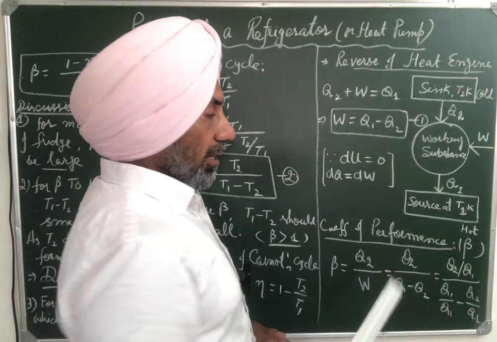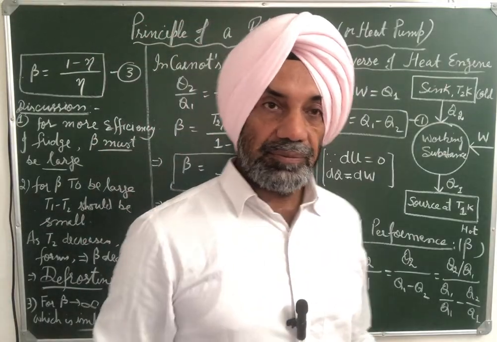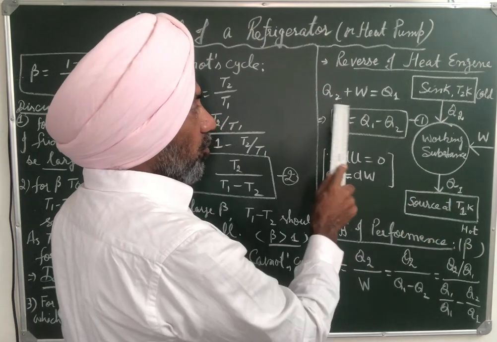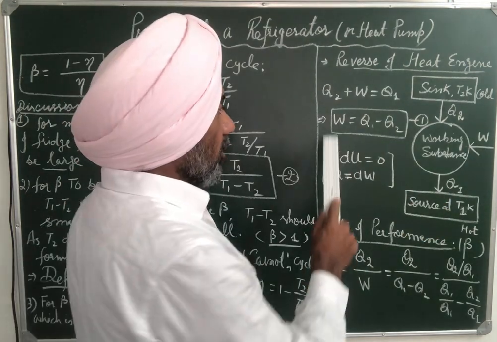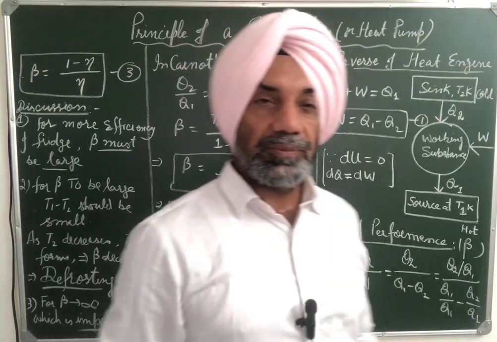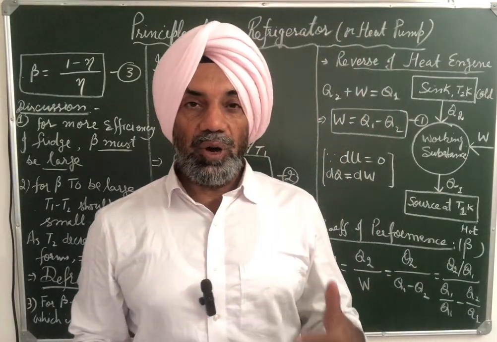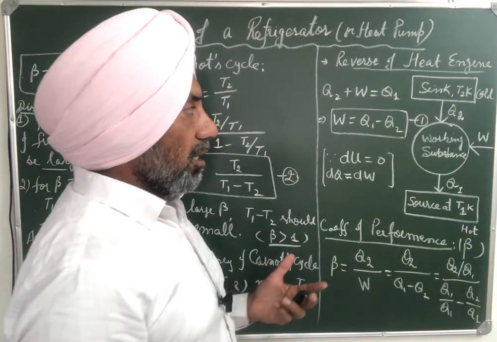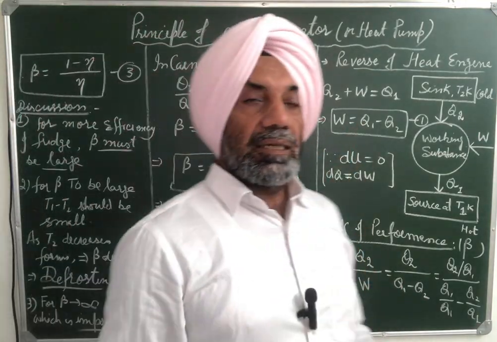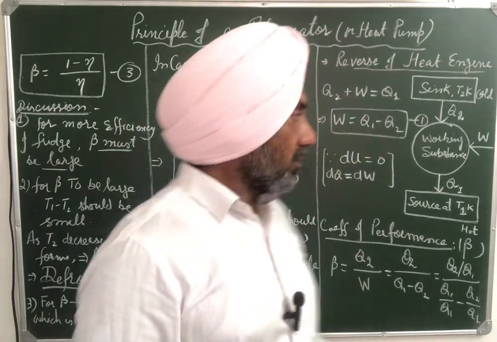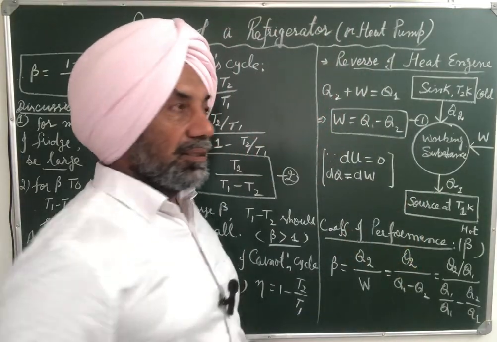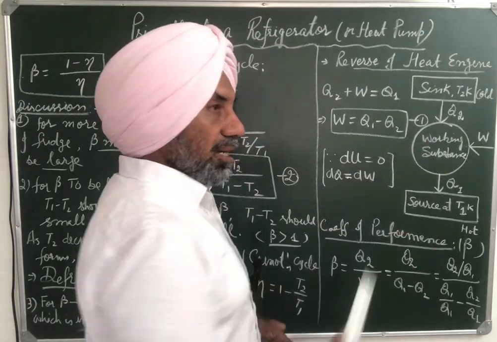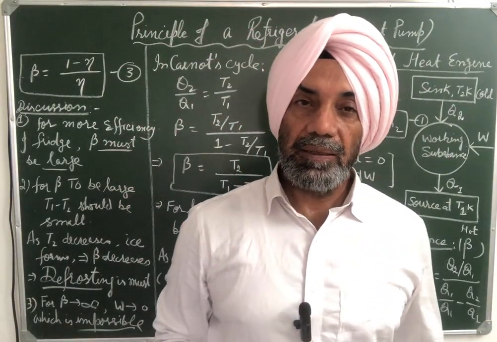Then by conservation of energy, Q2 plus W must be equal to Q1, or W is equal to Q1 minus Q2. The amount of work done by the external motor of the fridge is equal to the difference in heat taken and rejected to the source.